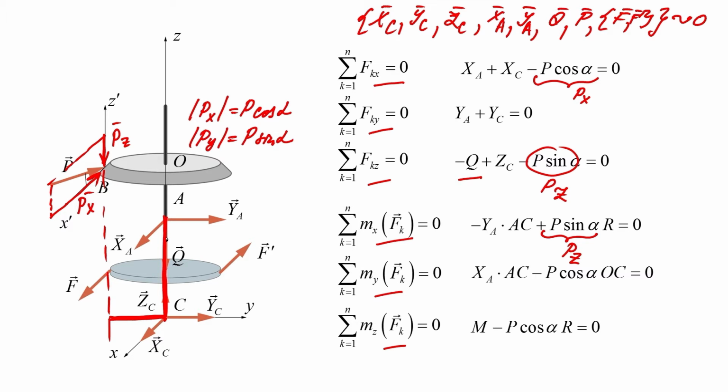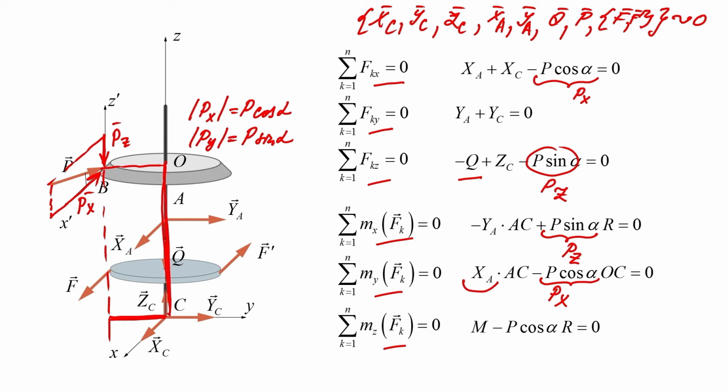The moment of the component xa is equal to the product of the magnitude xa and the distance from the force's line of action to the axis y. The moment of the force P is equal to the product of the magnitude Px and the distance from the force's line of action to the axis y.